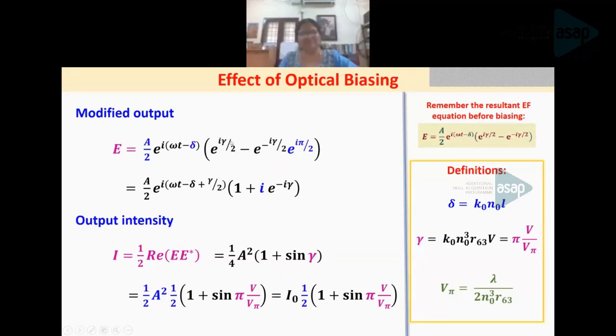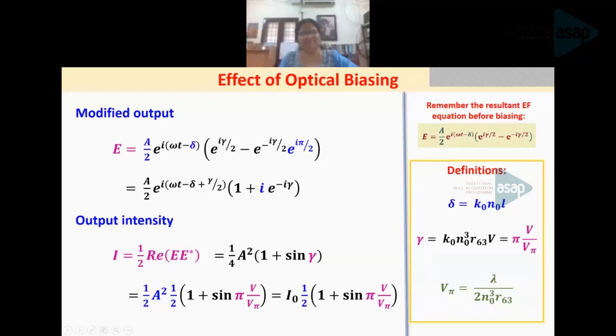Now find out the modified output intensity. This is the electric field, so you can find the output intensity as half of E into E star. This will give 1 by 4 A square into 1 plus sine gamma. You can do that and see this is the equation. Now, what is gamma?